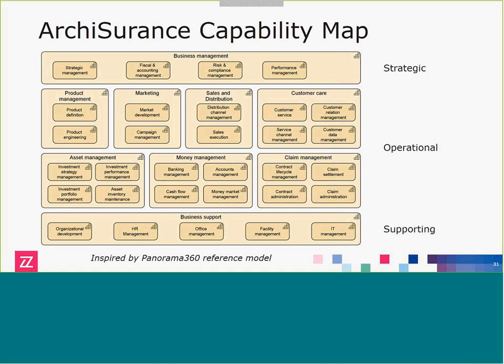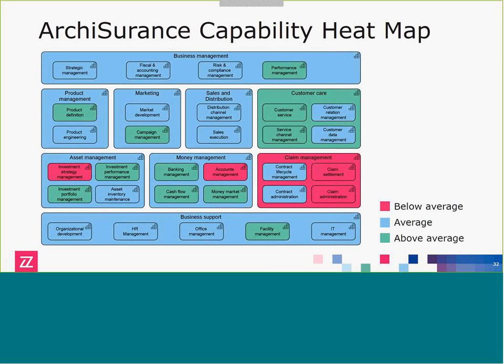But this insurance capability map inspired the Panorama 360 reference model for insurance companies. Here you see the typical things that ArchiSurance needs to be able to do to function as an insurance company. This is their current capability map, divided in strategic, operational, and support abilities. This is what they do today.